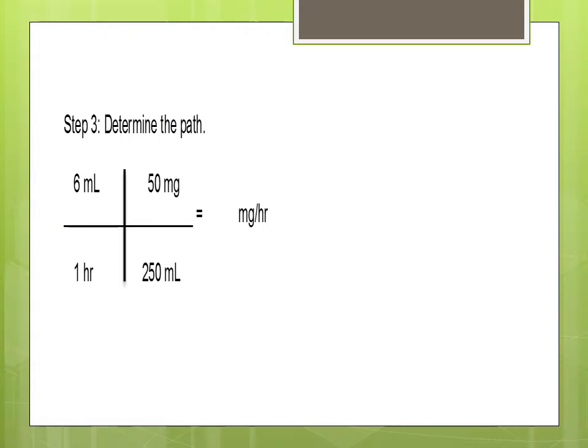Step 3, determine the path. For this problem, after we put in our order, 6 milliliters per hour, we know that we would have to put in the supply, how the pharmacy supplied this medication to us, in order to determine a milligram per hour rate.